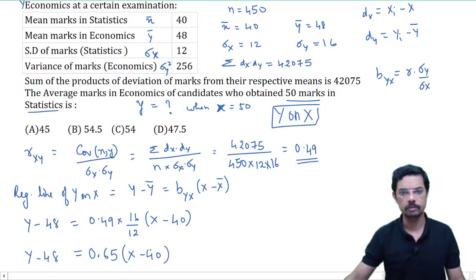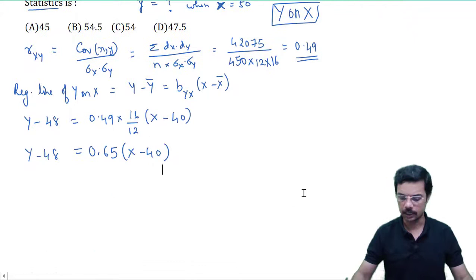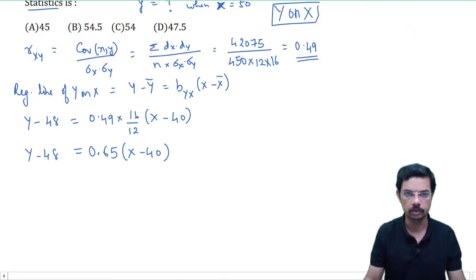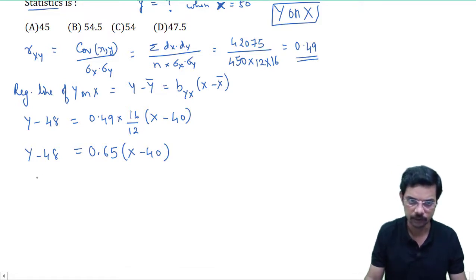Okay, so this will be further simplified, and once you simplify, you know how to multiply 0.65 here with 40, and then write it in the form of y equal to ax plus b form or a plus bx form. Okay, so we shall write this as y equal to 0.65 into x plus 22.